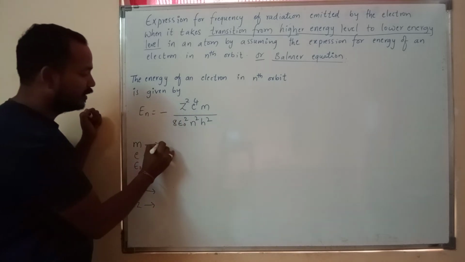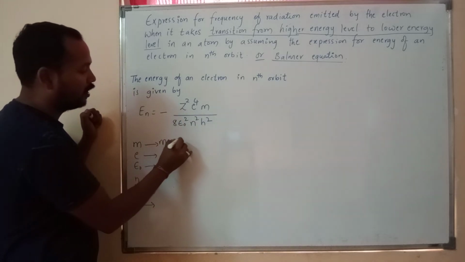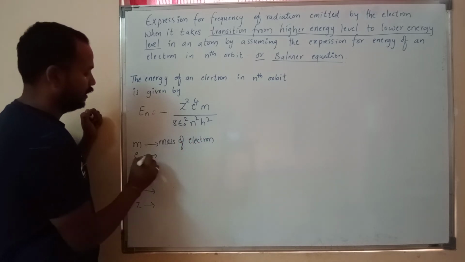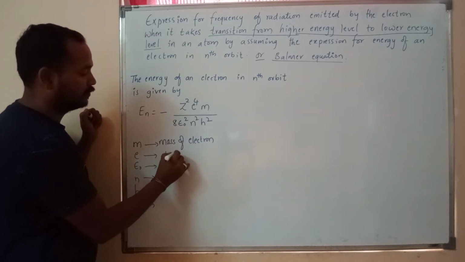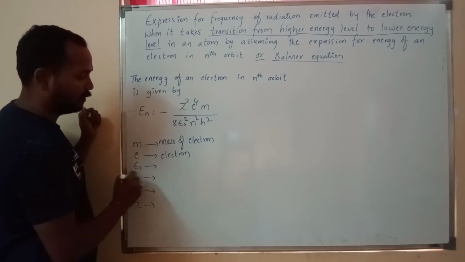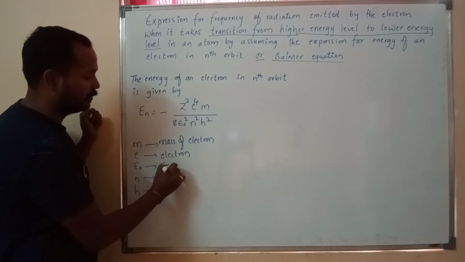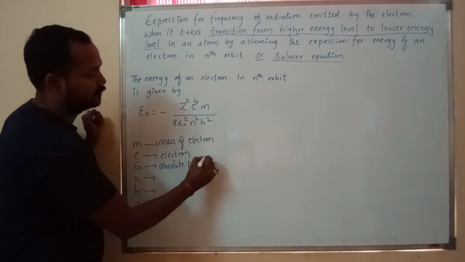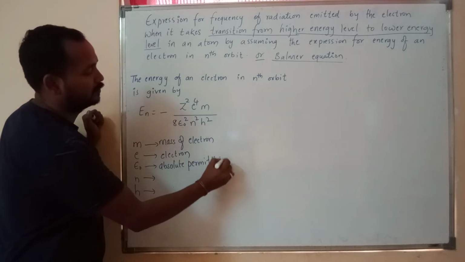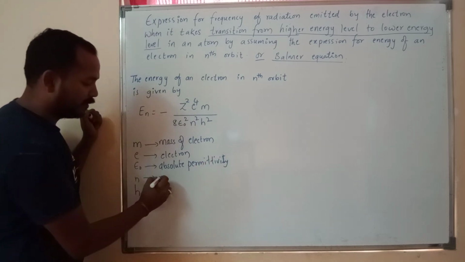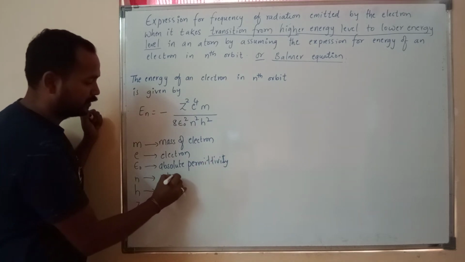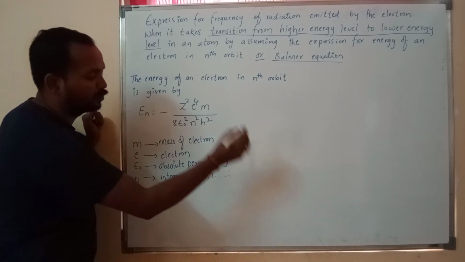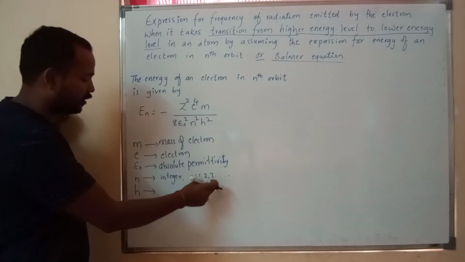Where m is the mass of the electron, e is the charge of the electron, epsilon naught is the absolute permittivity, and n is the integer starting from n is equal to 1, 2, 3 and so on: first orbit, second orbit, third orbit, like that.